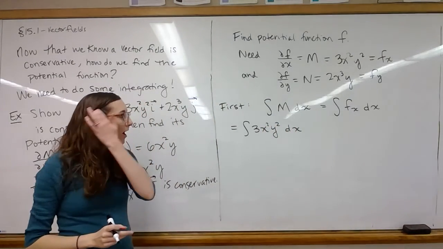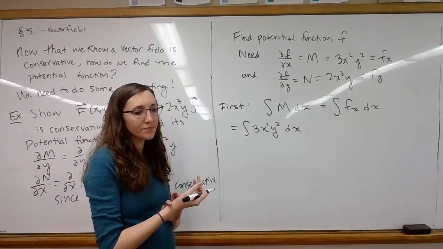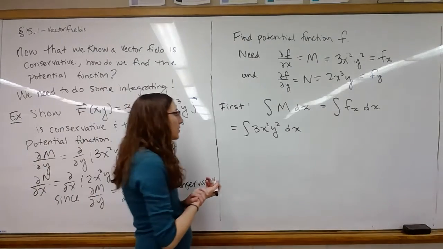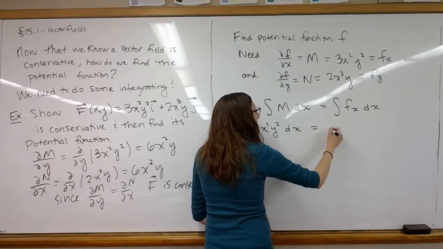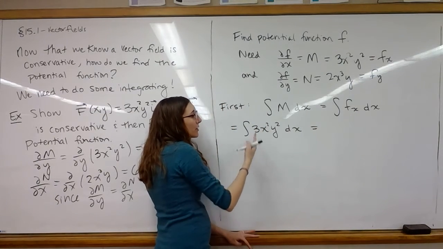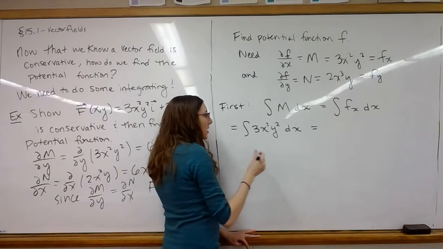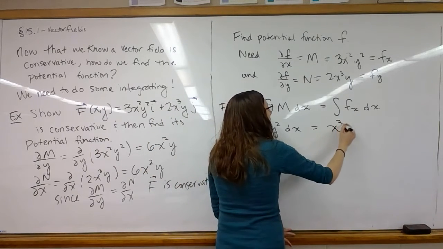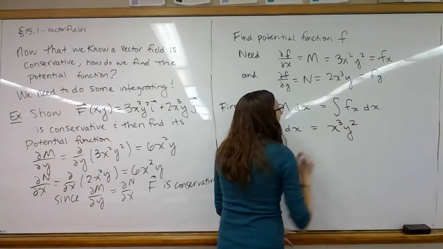Remember, y's we just treat as constants. So we keep the 3y squared. The power on x is going to increase to a 3, and we divide by that new power. So we really have x cubed y squared.